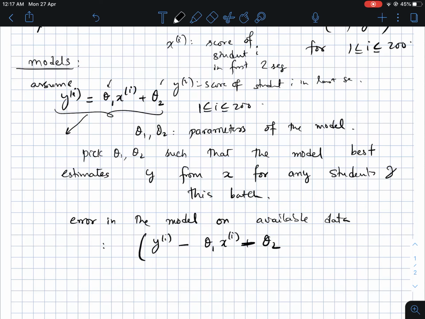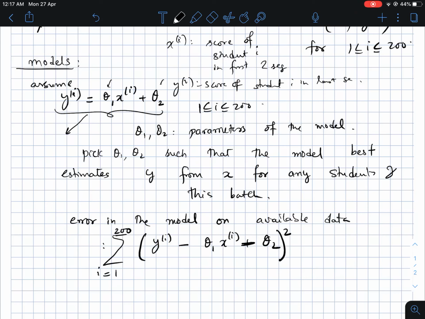This is the error in the model. We'll take the square to make it the absolute error, y_i minus theta 1 x_i minus theta 2, whole square, and I'll sum it over all the students in the previous batch, so i equal to 1 to 200. There are 200 students in the previous batch. So this is the error in the model on available data.